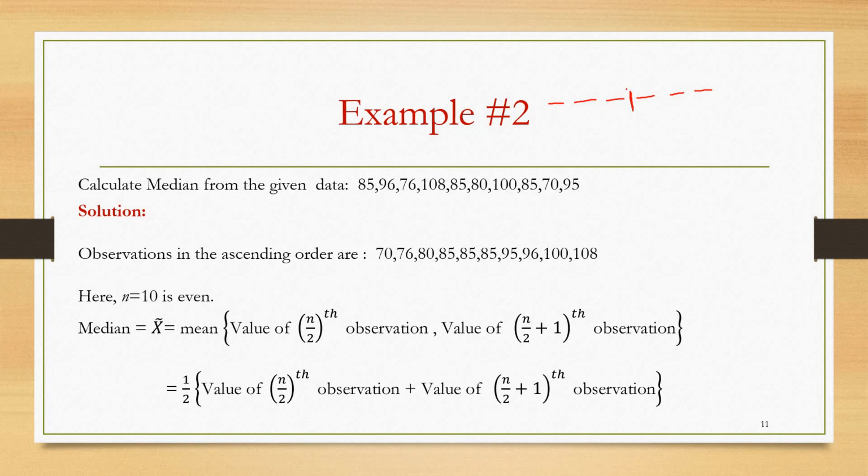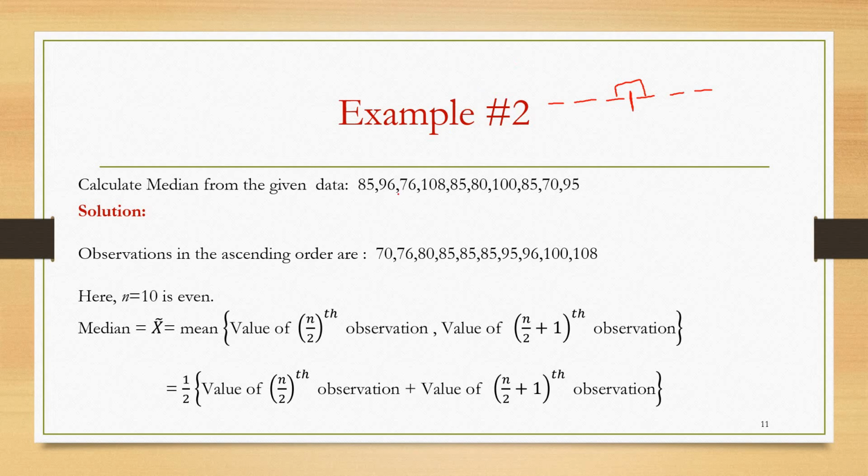This is actually the center of these two values. So, how will we write it as a formula? We know mean of n by 2th value, this value, and n by 2 plus 1th value, the very next value of this value. Mean of these two values.